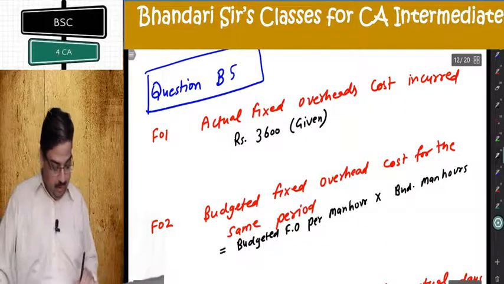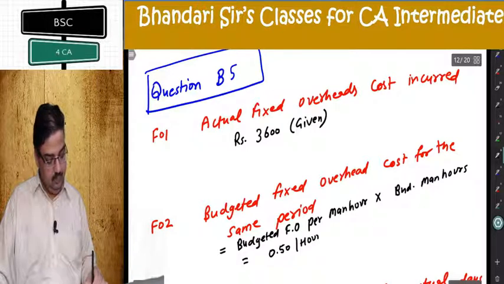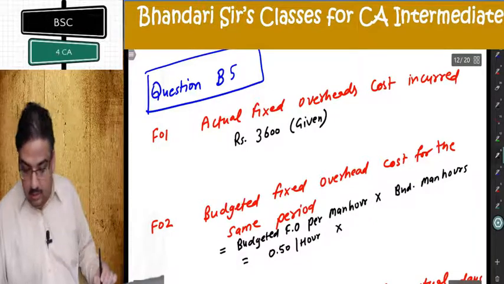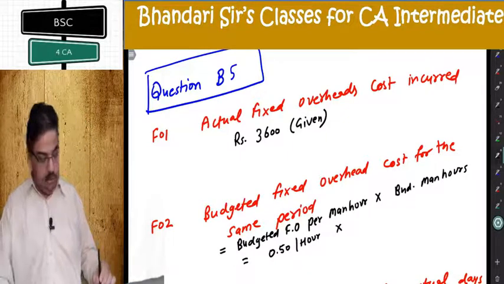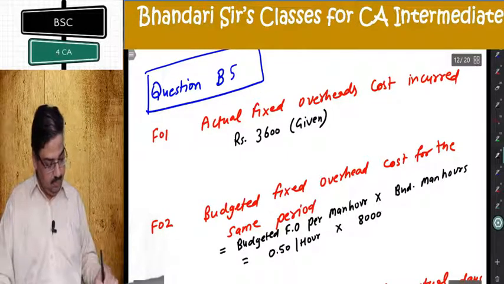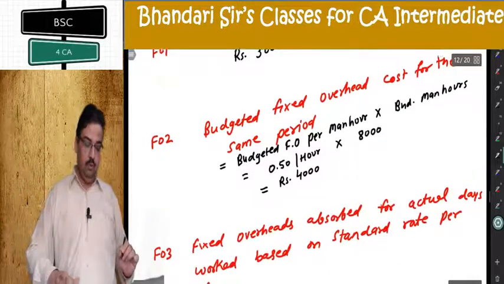So rate per man hour 50 paisa multiplied with budgeted man hours. They are given in the question at 8000. So this is rupees 4000, computed as rupees 4000.